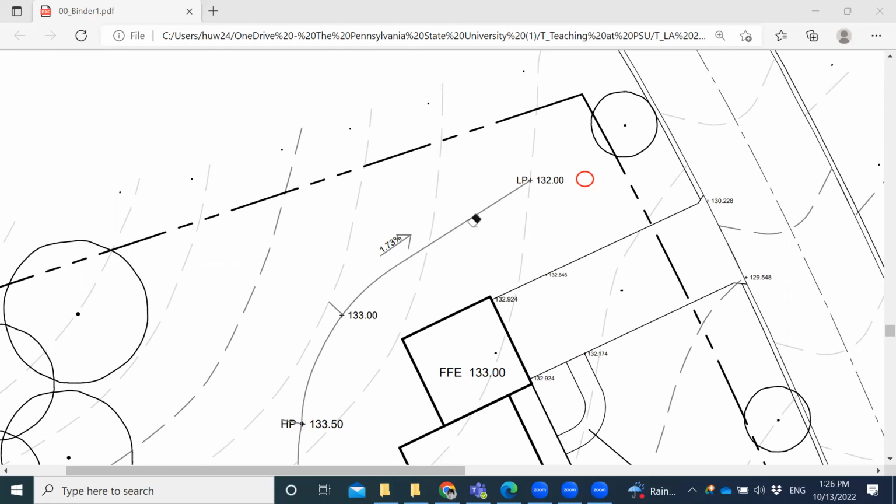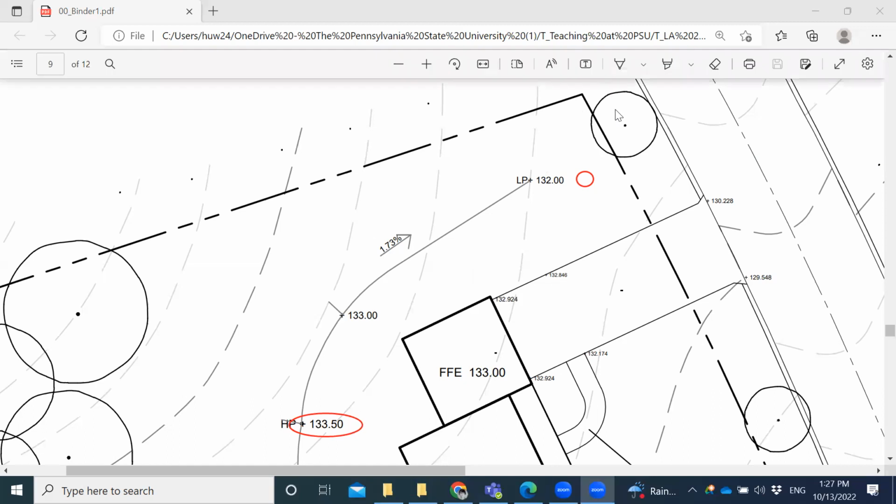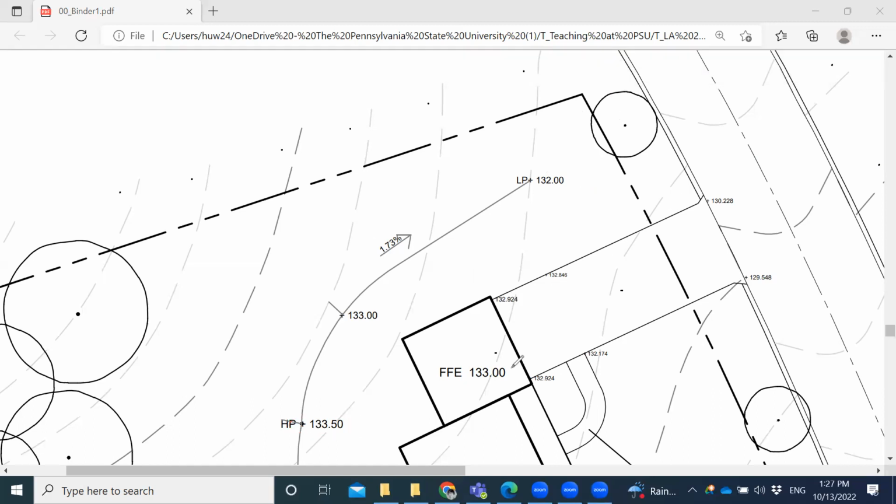So if that is enough for you to raise the slope above 2%, that means your HP being 133.50 is likely a good starting point. And if that is the case, we can actually back calculate to find out where your FFE is and what the slope here is.